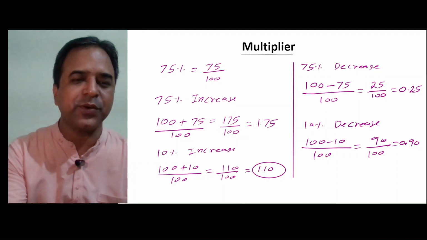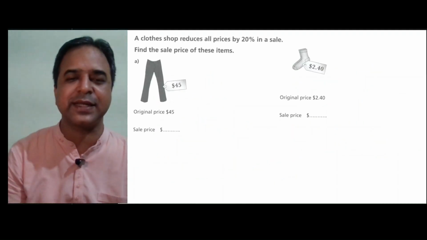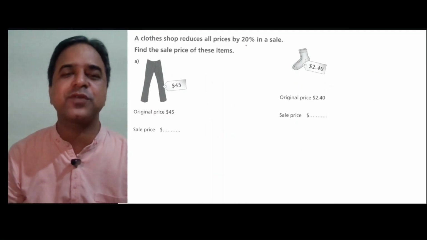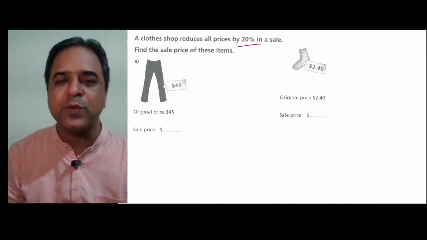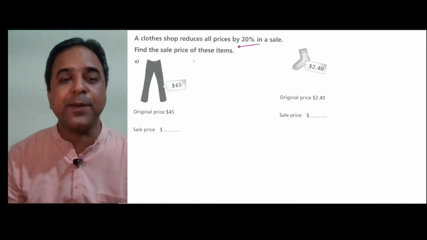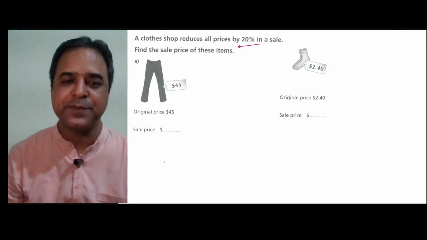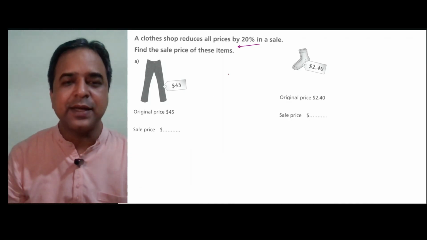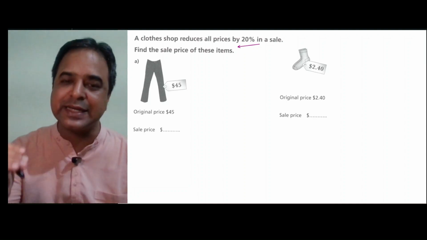Okay. Now in the next slide, we will be using this multiplier in our numericals. So we have taken this as an example. Here the question is, a cloth shop reduces all prices by 20% in a sale. Find the sale price of these items. Here we will be using the multiplier. So for 20%, what will be the multiplier? Again, it is reducing, meaning decreasing.